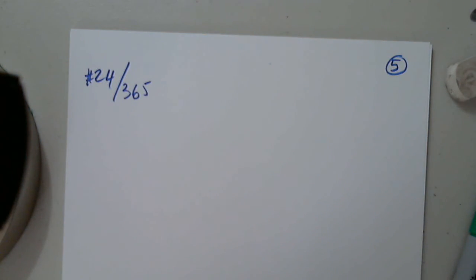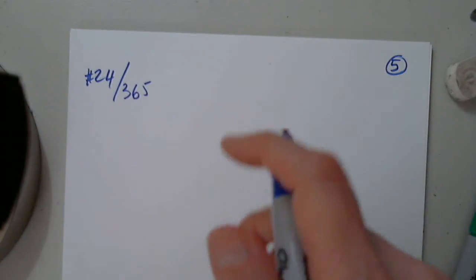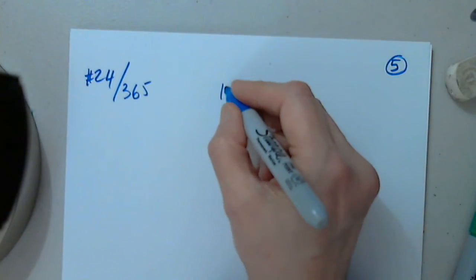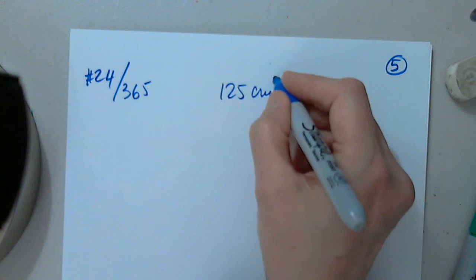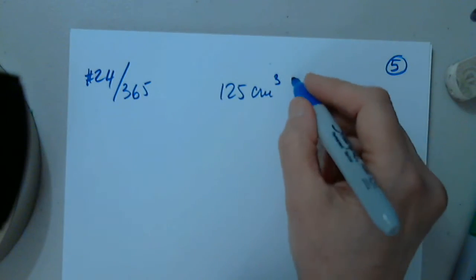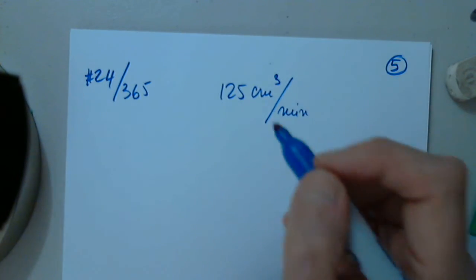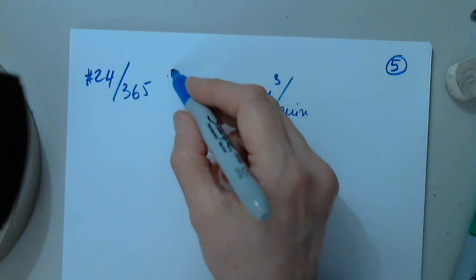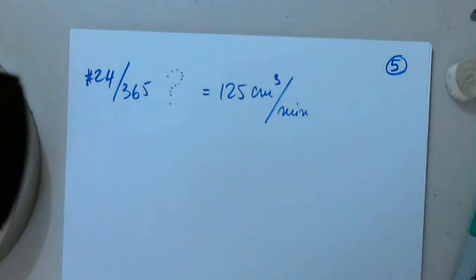A spherical balloon is expanding, gaining 125 cubic centimeters of air per minute. This is what I'm given first. I have to identify it. If I don't identify it correctly, I will not know how to proceed.